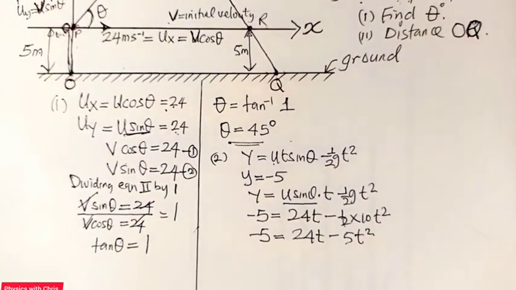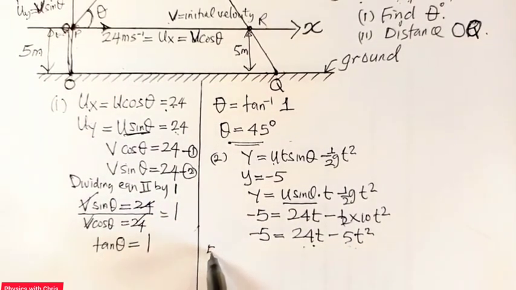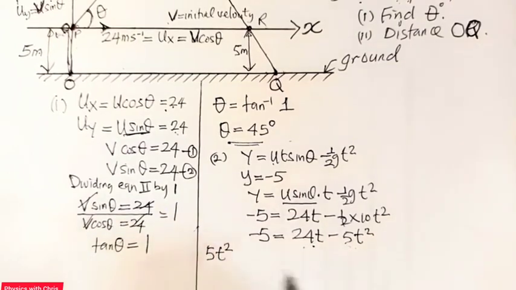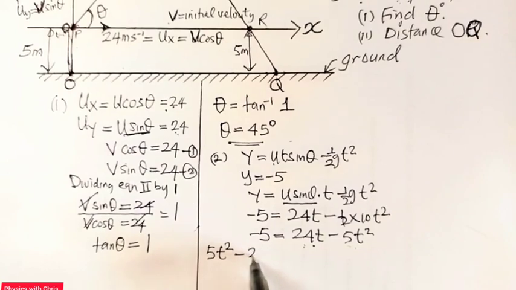Now, I rearrange this equation. I want to bring these two terms to the left-hand side of the equation. I have 5t squared, now positive. If I bring this 24t to the left-hand side, it becomes minus 24t, then minus 5 equals 0.